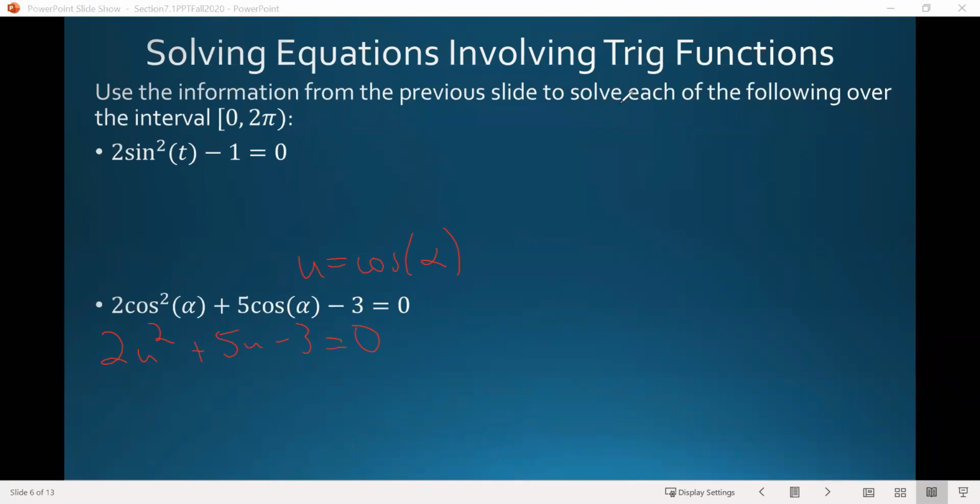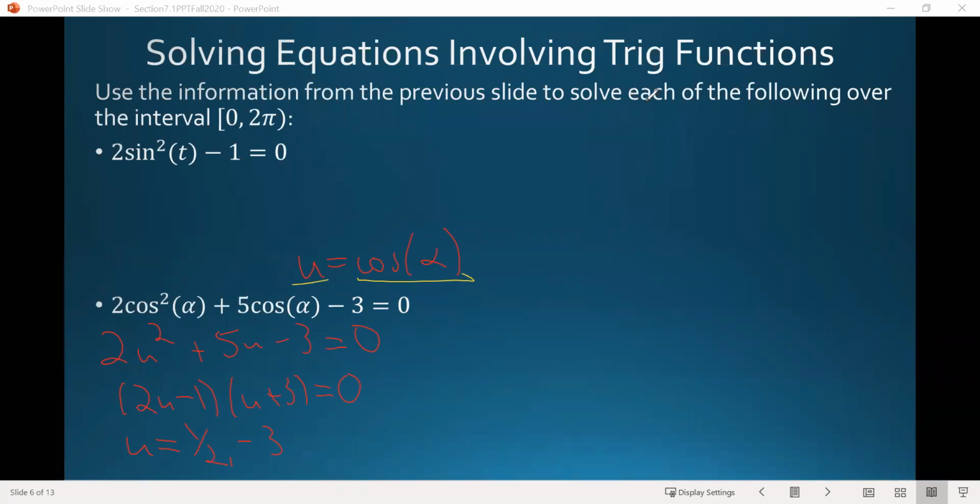Now we solve that by using that AC method, where it factored to, in our case, 2u minus 1 times u plus 3 equals 0. If we solve each of those individually, we know we get u equals positive 1/2 and negative 3. And just like with the other ones, we're not trying to solve for u, we're trying to solve for alpha in this case.